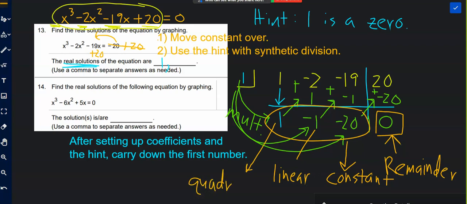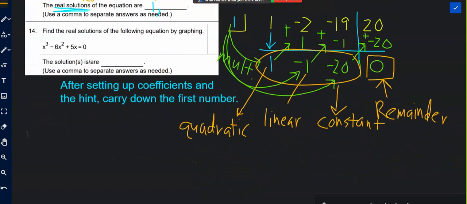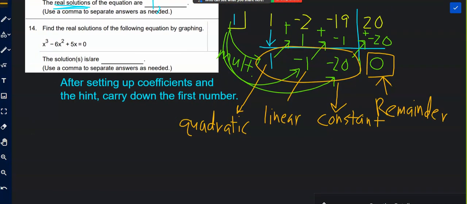Now you're probably wondering what I'm talking about, and trust me, I'm going to keep explaining until this makes more sense. So, a constant, well, that's just a number. But the linear is negative 1x. And the quadratic is positive 1x squared.